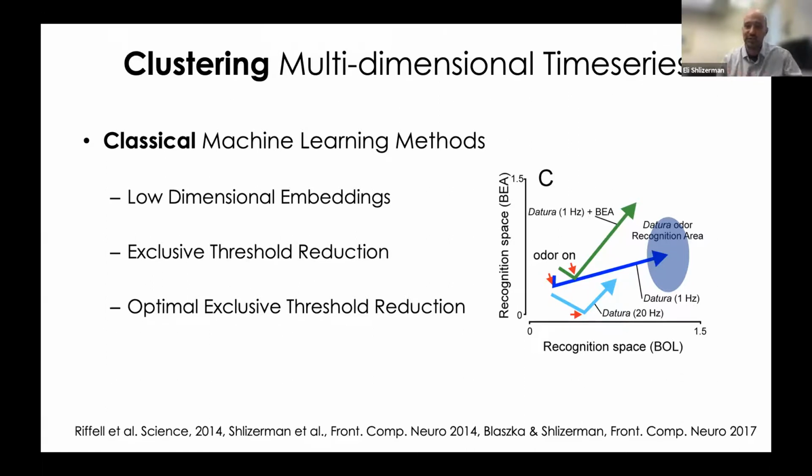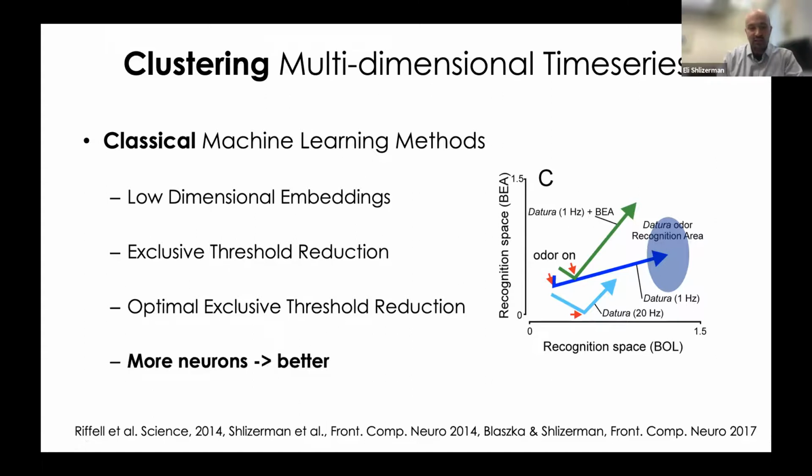So we could represent the data from multiple channels or multiple neurons being gathered together into clusters in a low dimensional space. And here you can see an example of recordings from the olfactory system, where each representation, each cluster will correspond to a different scent that is given to an animal.